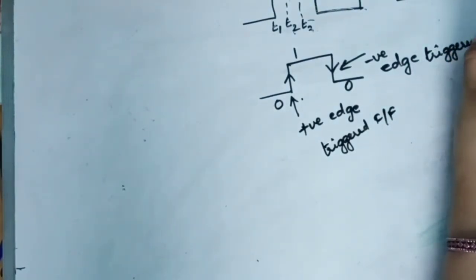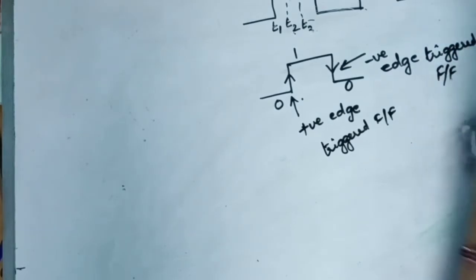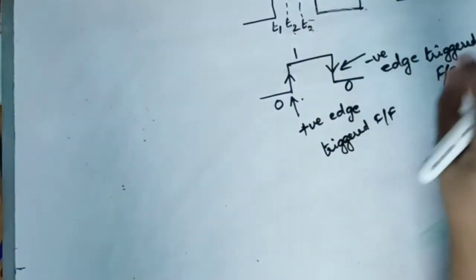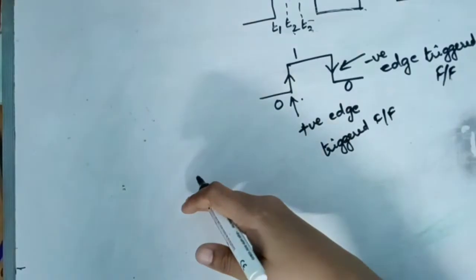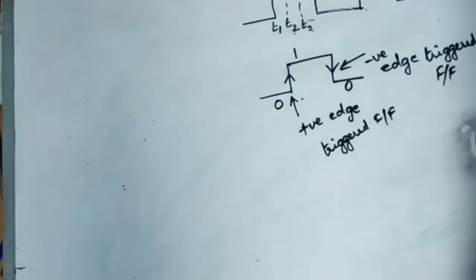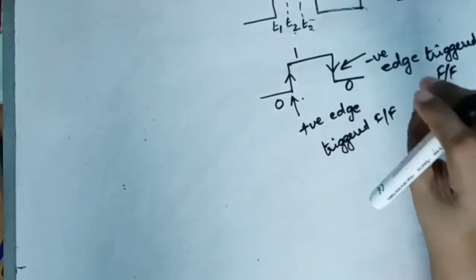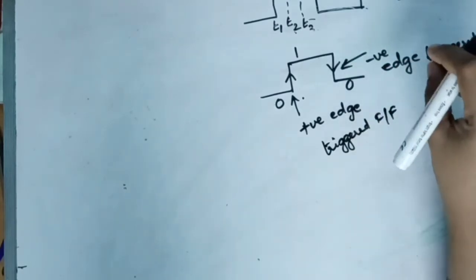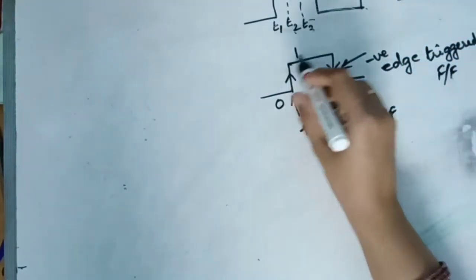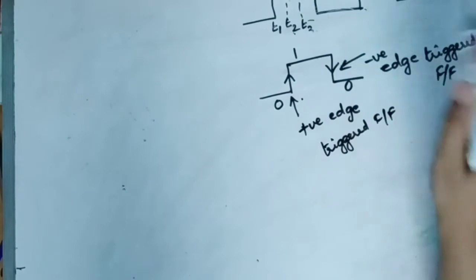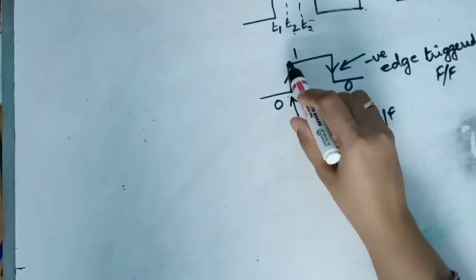That is, where we would say clock equal to 1 means you will get the output, just like that, the output will be obtained only during the positive edge or during the negative edge, any one. Positive edge means when it goes from 0 to 1.